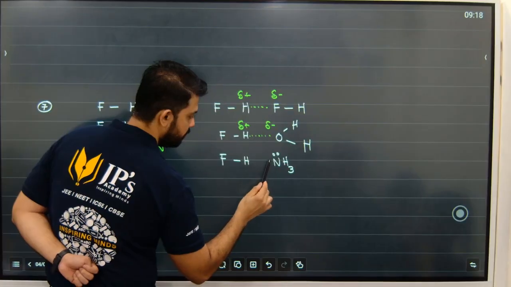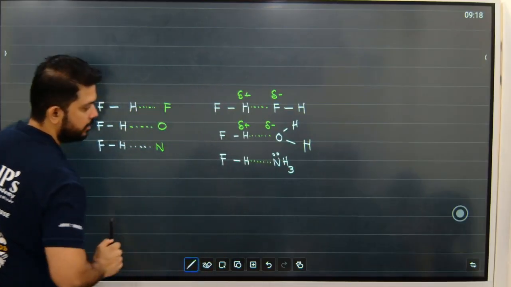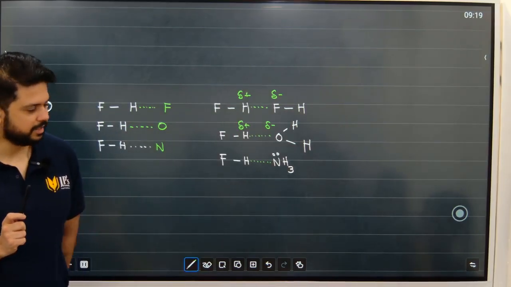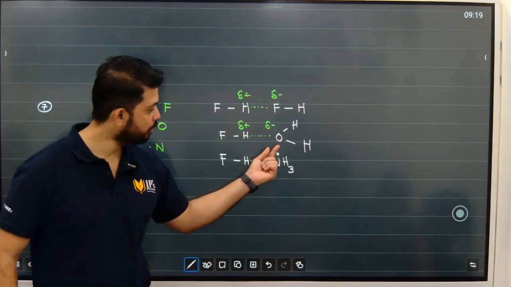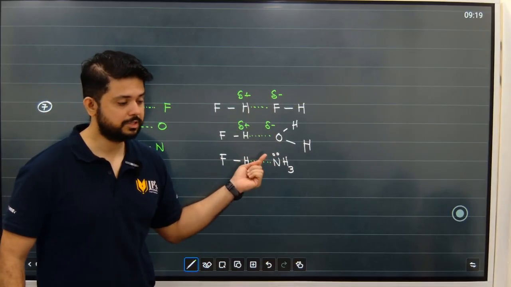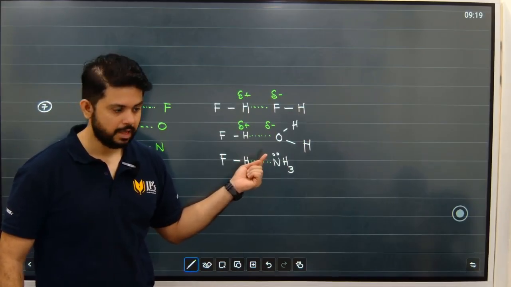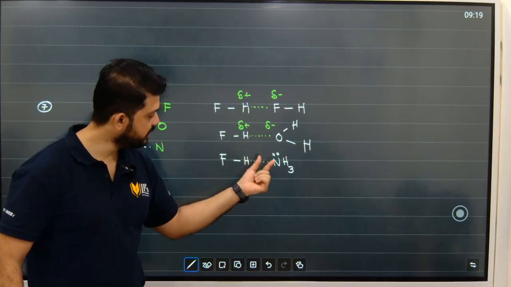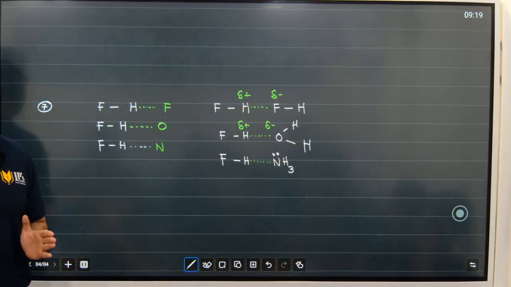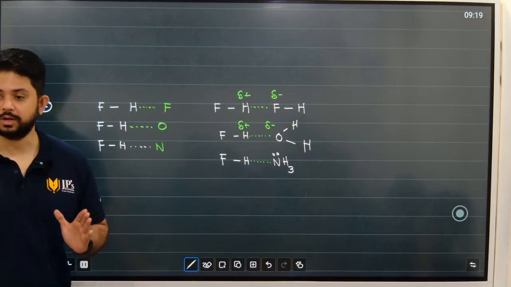In between I can have an H bond. You can also say that this is a force of attraction between the lone pairs present on these and the electropositive hydrogen atom. Now I want to compare, when these three bonds are formed, which hydrogen bond is the strongest.